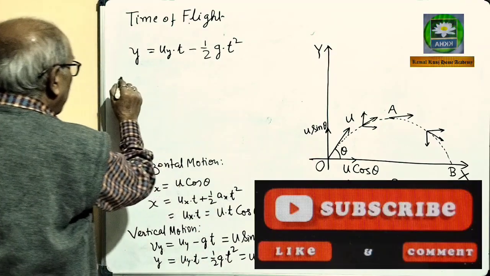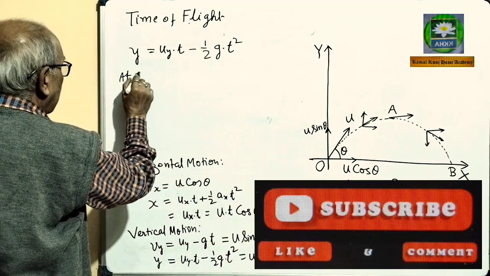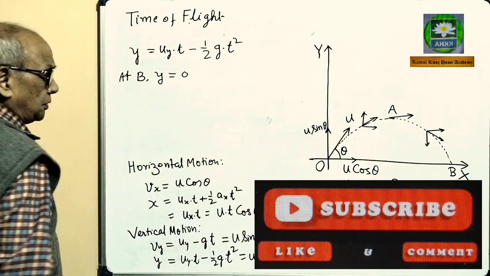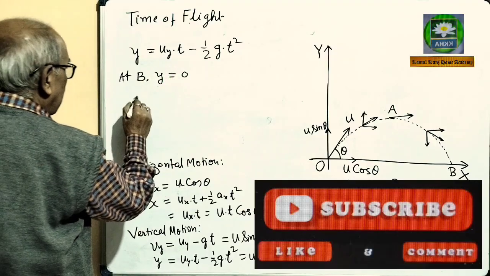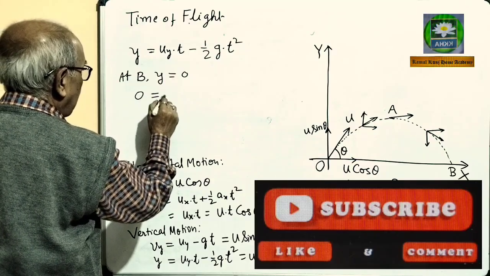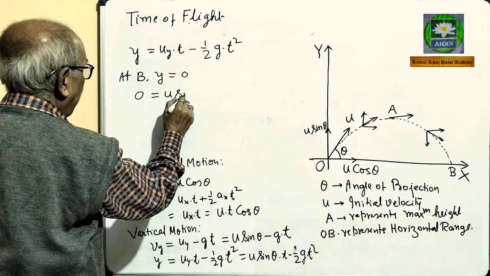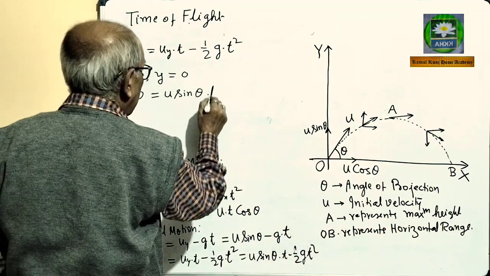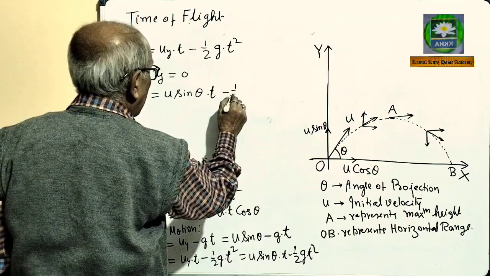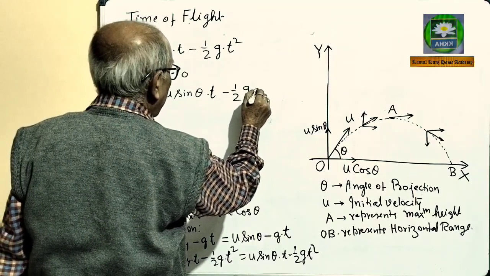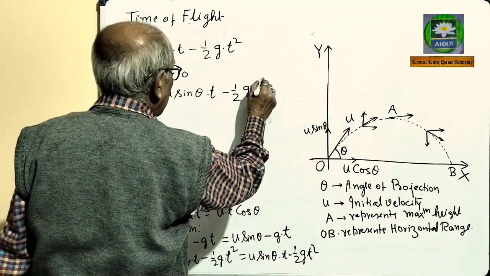At B, y is equal to 0. Hence, 0 is equal to u sin theta into t minus half g into t square.